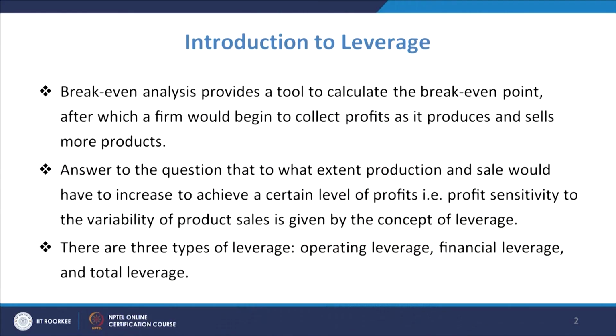Break-even analysis tells us that after that point the firm will start collecting profits after selling its goods beyond that point. But then the question arises: to what extent would production and sale have to increase to achieve a certain level of profit, that is, profit sensitivity to the variability of product sales.